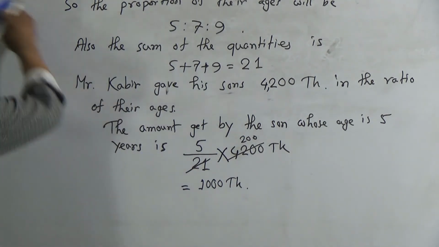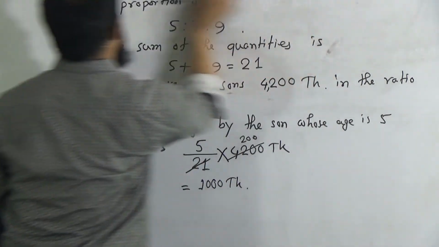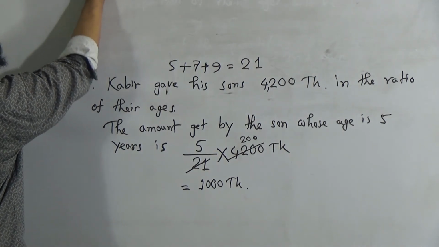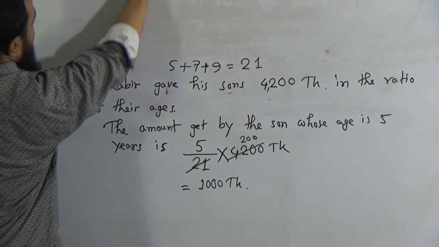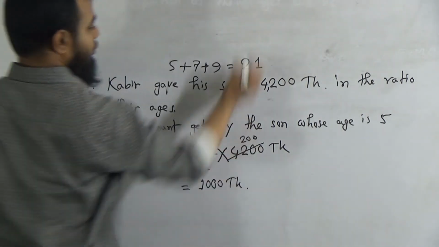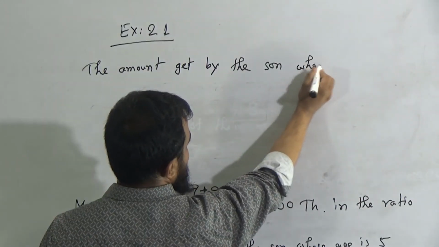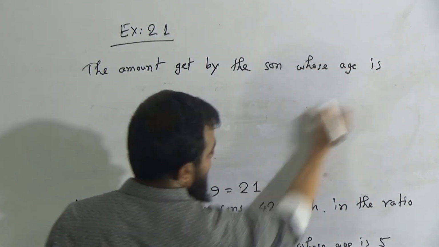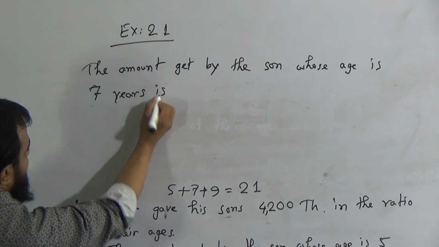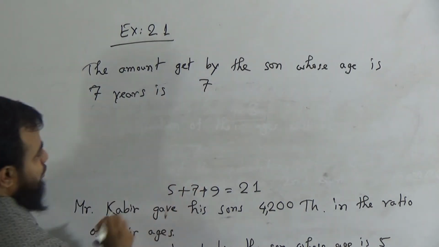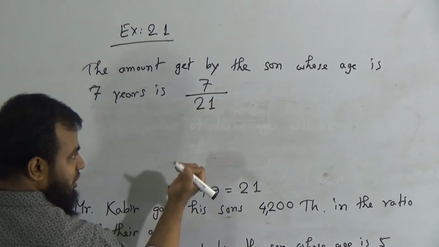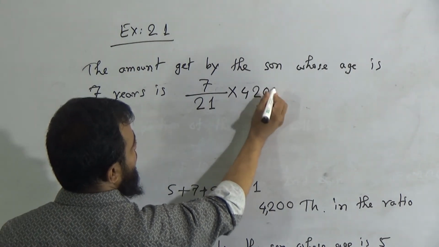Like this we can find out the other two sons' amounts. The amount got by the son whose age is 7 years is 7, his proportion, over 21, the sum of the quantities, multiplied by 4,200 taka.